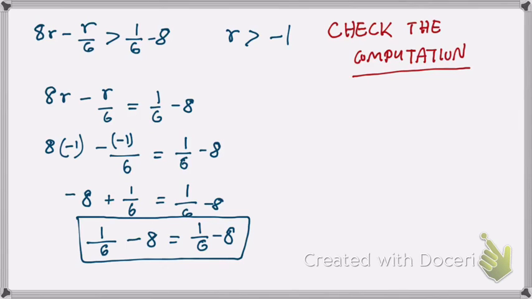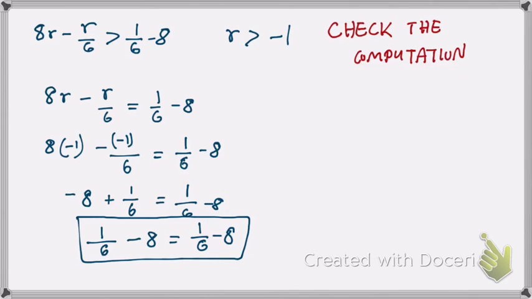So on the left hand side, we will get -8 plus 1 by 6, and the right hand side remains 1 by 6 minus 8.